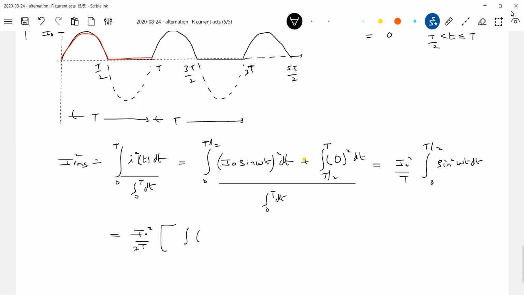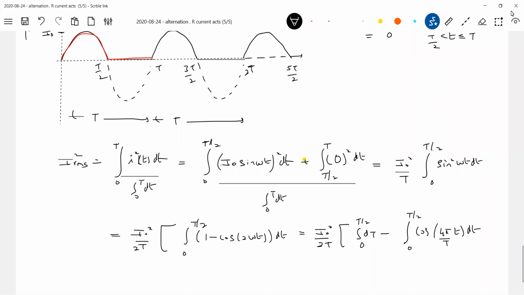So this will be 0 to capital T, I naught square by 2T, integral of dt, minus the integral of cos, 0 to T by 2. No, sorry. This will be 4 pi t by capital T, dt, 0 to T by 2.